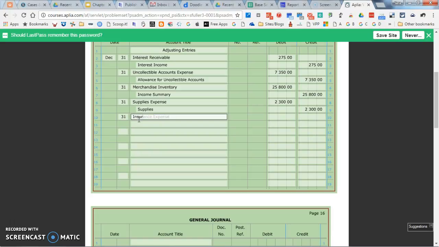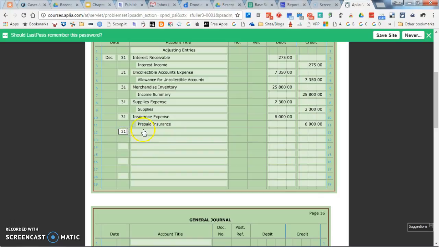Insurance expense. Debit of $6,000. Credit will be prepaid insurance, $6,000.